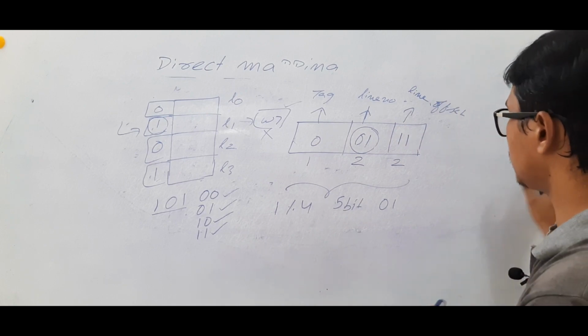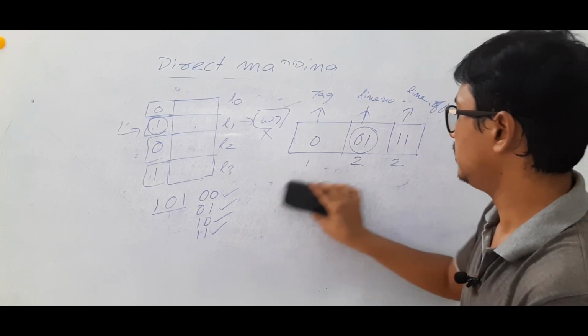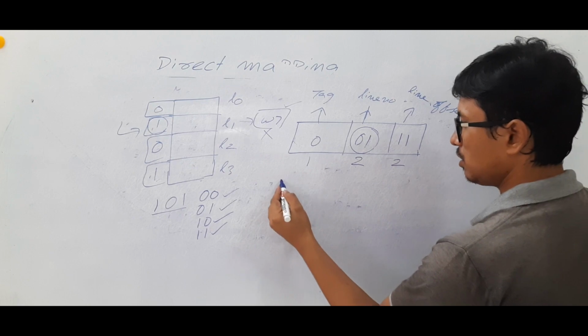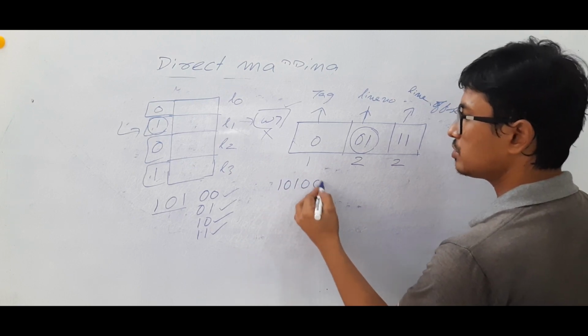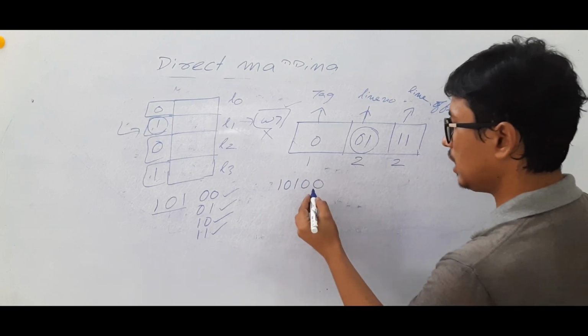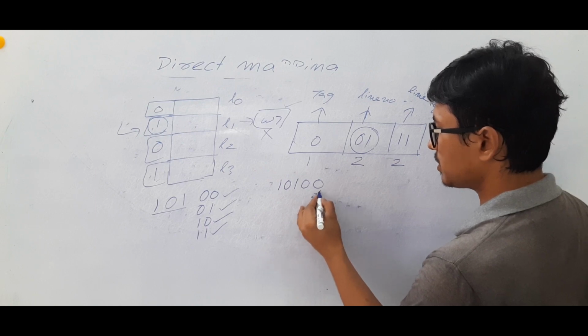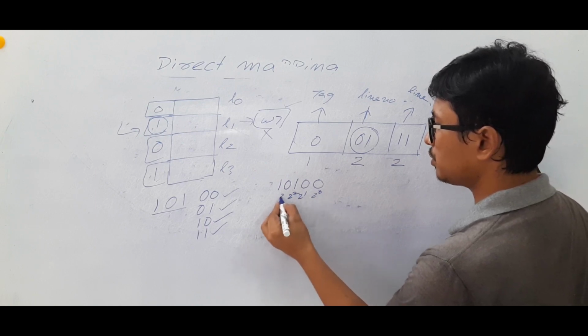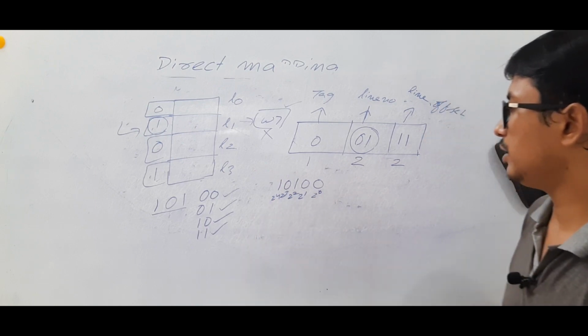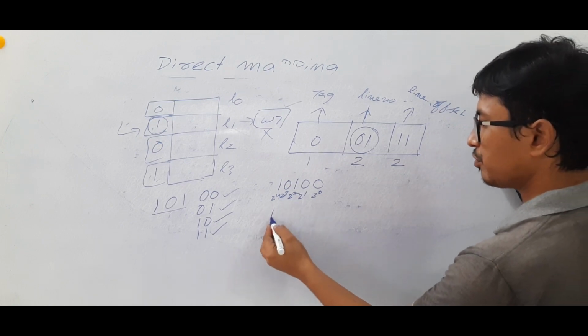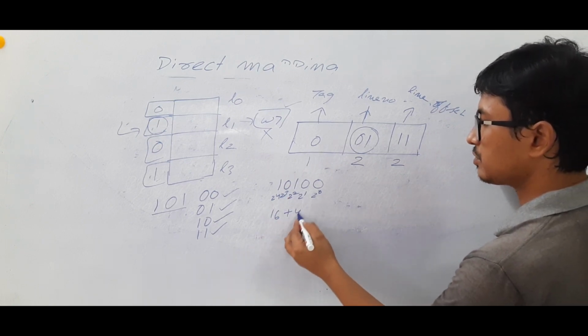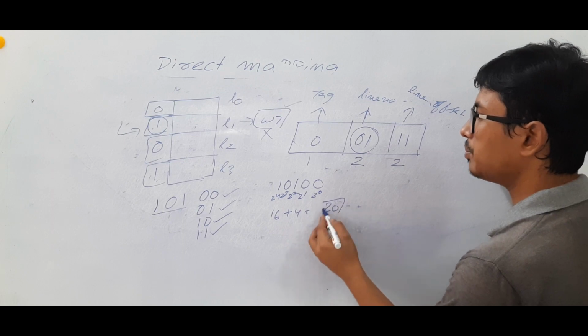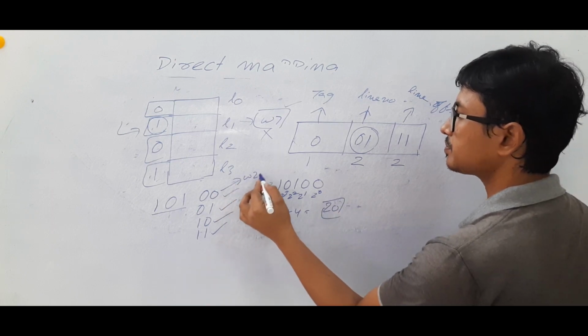Then in that case, what values can you get? If it is 1, 0, 1, 0, 0, then the value is 2 power 0, 2 power 1, 2 power 2, 2 power 3, 2 power 4. Then 2 power 4 is 16, 2 power 2 is 4. So word number 20 can be there.